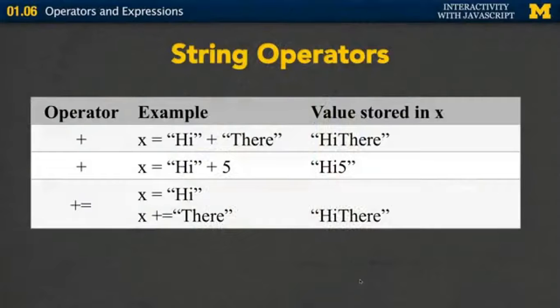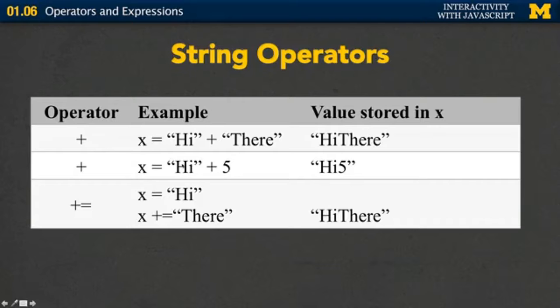So we talked about how plus will add two numbers together. That's only true if the operands on both sides are numbers. In some cases we have the string operators, and in that case the plus is actually a concatenation. So it'll take the hi and the there and put it together into one variable. If you want to put those spaces in, you have to remember to actually add them.